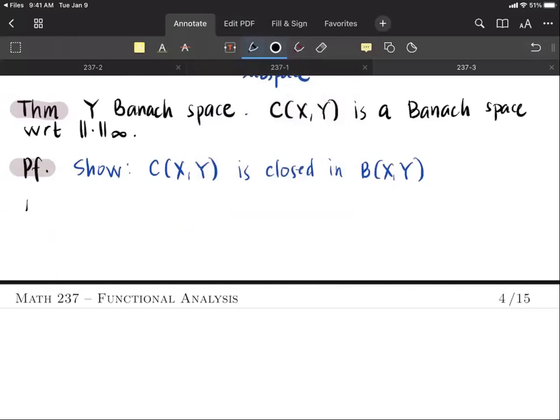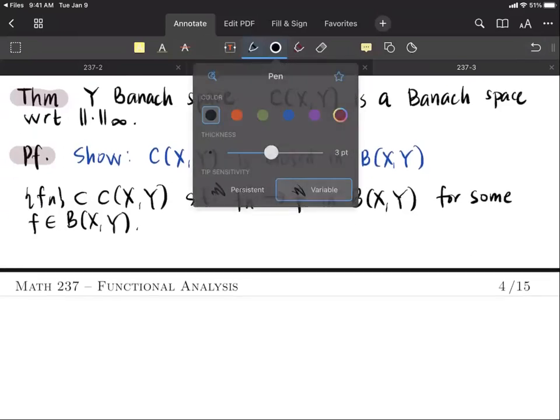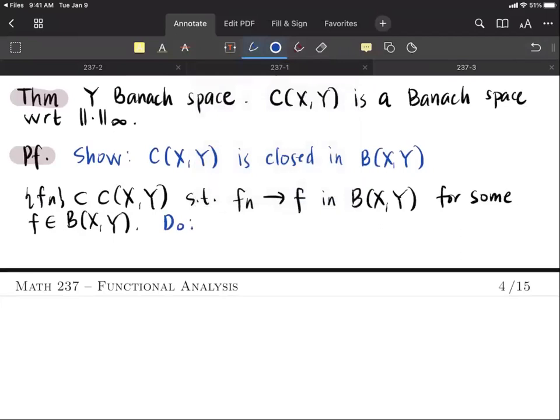To prove this, take a sequence of continuous functions wherein the sequence is convergent in B, the larger space, to some f in the space of bounded functions from X to Y. What we would like to do is to show that f is not only bounded, but also continuous.